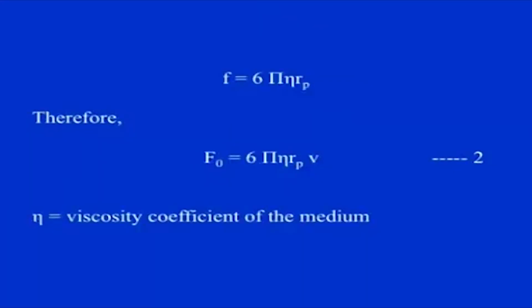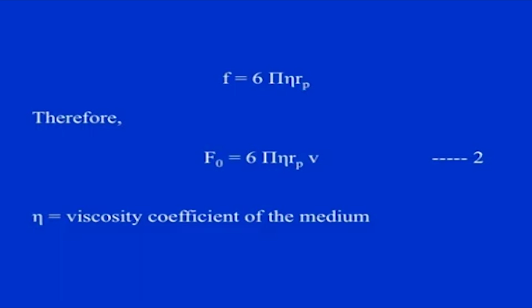Now, the frictional coefficient of a particle is a function of its size, shape and hydration, and also the viscosity of the medium. By the Stokes equation for an unhydrated spherical particle, so that is the ideal one we are talking about, the frictional coefficient equals 6 pi eta r, where r p is the radius of the particle.